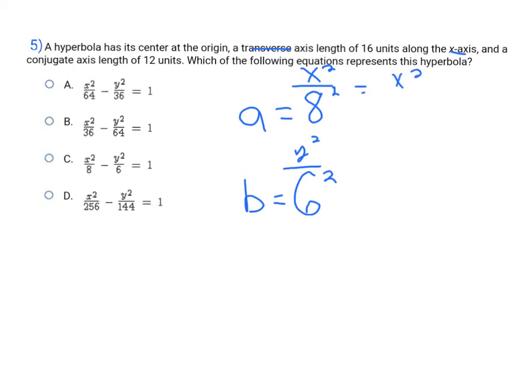So that means I'm going to have x squared over 64 as part of my equation, and I'm going to have y squared over 36 as part of my equation. And because my center is at the origin, I'm not going to have any numbers being added and subtracted with my x's and my y's in the numerator. So that means the answer is x squared over 64 minus y squared over 36, which is a.